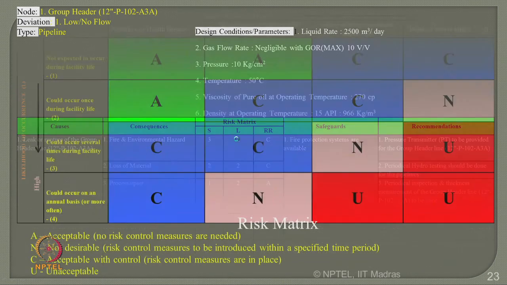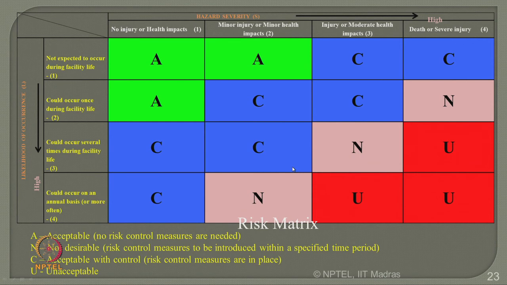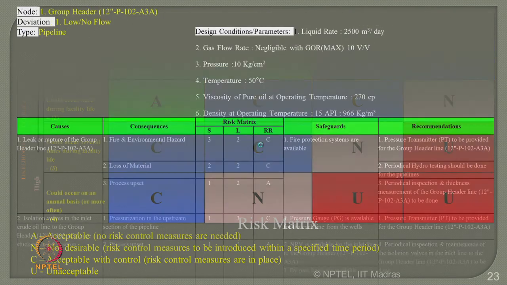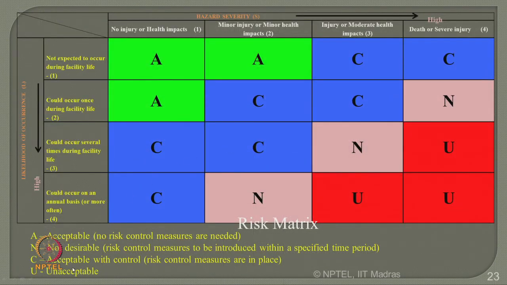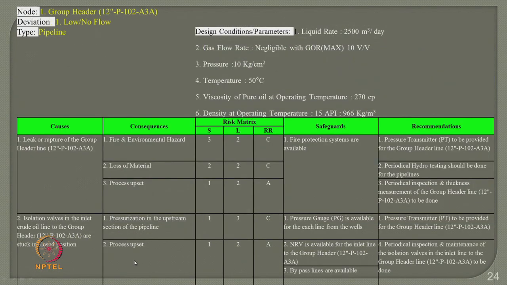Based on the number given for severity and the number given for likelihood, you will know in which category of nomenclature you are falling. So based on this, the risk ranking falls on nomenclature C. Nomenclature C means acceptable with the control mechanism in place. Now the control mechanism available in place is the fire protection system.